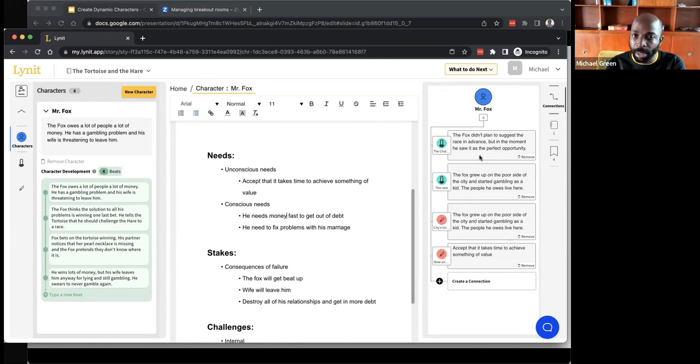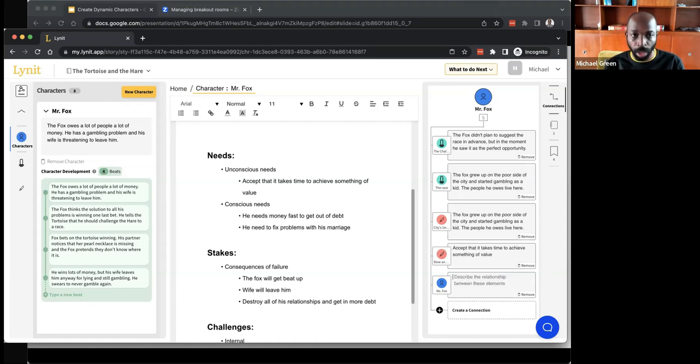And then he needs to fix his problem with his marriage. Well, we can connect that to Miss Fox. What's the issue there? His conscious need is that he needs to gain her trust, right?